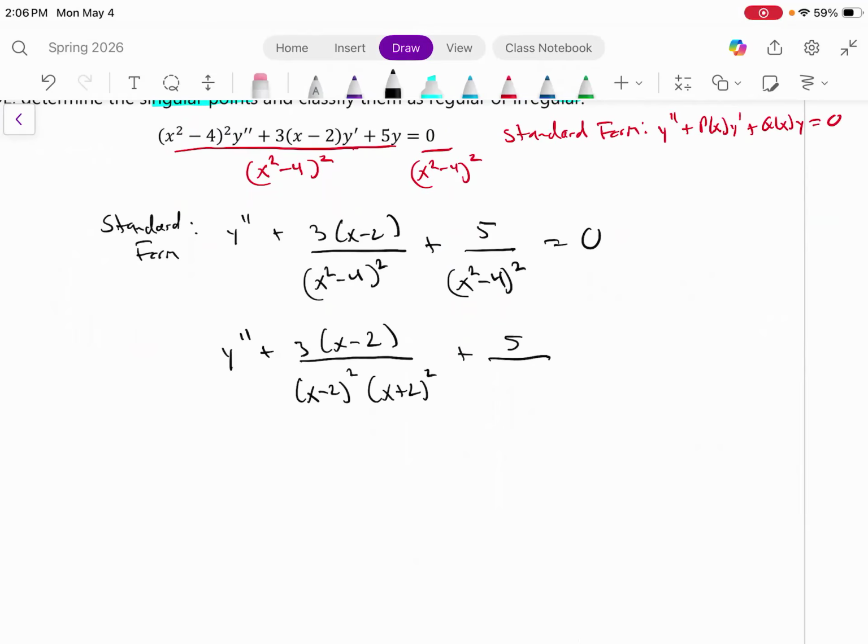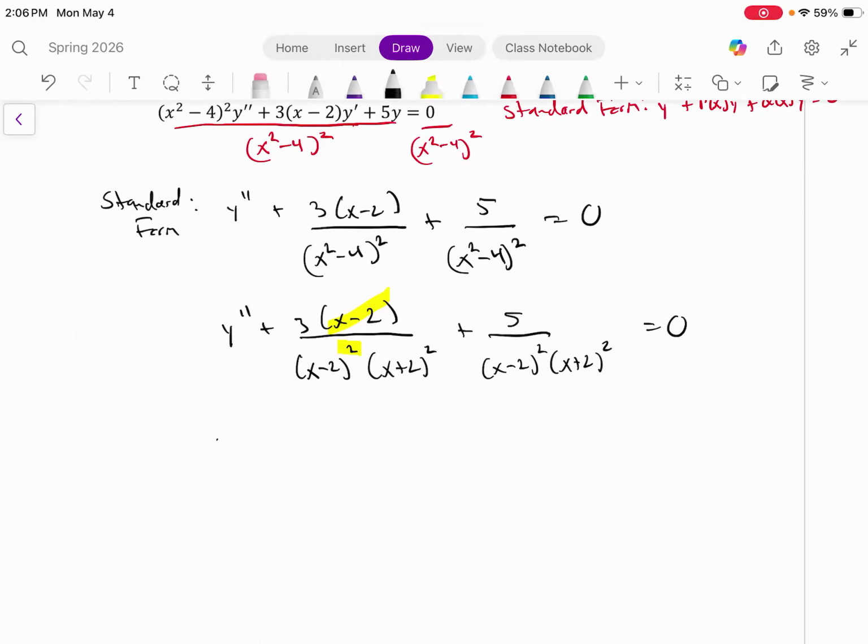And same thing with 5 over x minus 2 squared times x plus 2 squared. That'll equal 0. And we can cancel out this x minus 2 with one of the copies of x minus 2. So what we're left with is y double prime plus 3 over x minus 2 times x plus 2 squared, and the 5 term is just the same.